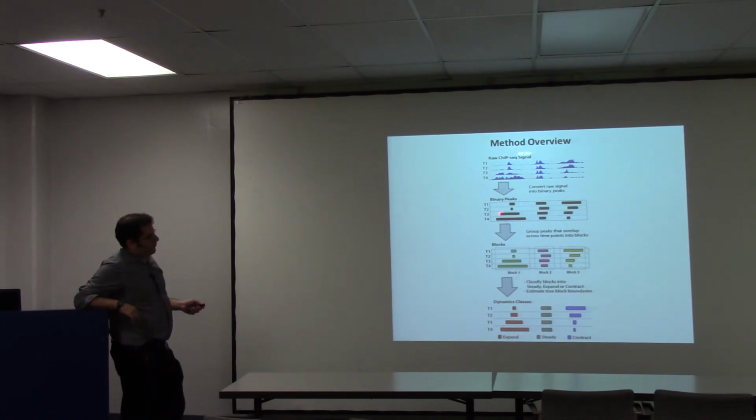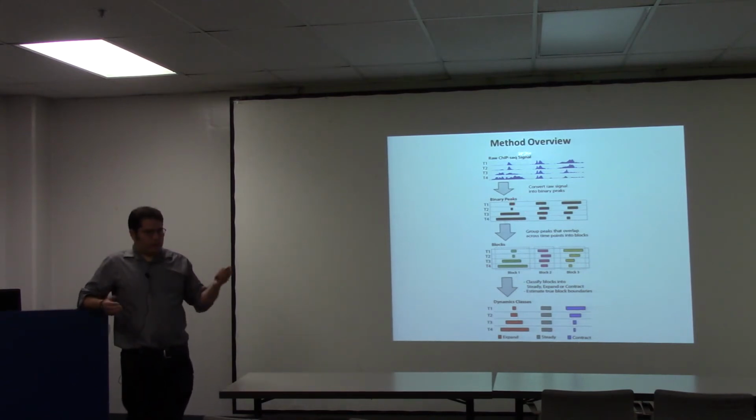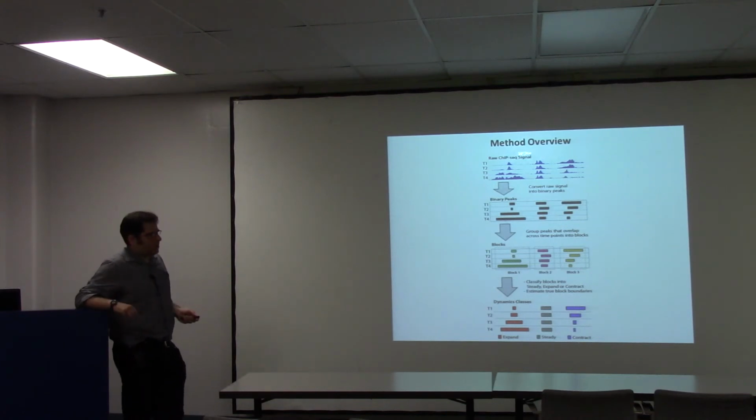We convert this into binary peak calls, which could be done with other programs; MACS is what we use, a standard peak caller. And you get patterns like this. Then we group them into different blocks, where blocks have peak calls that are effectively overlapping at multiple different time points.